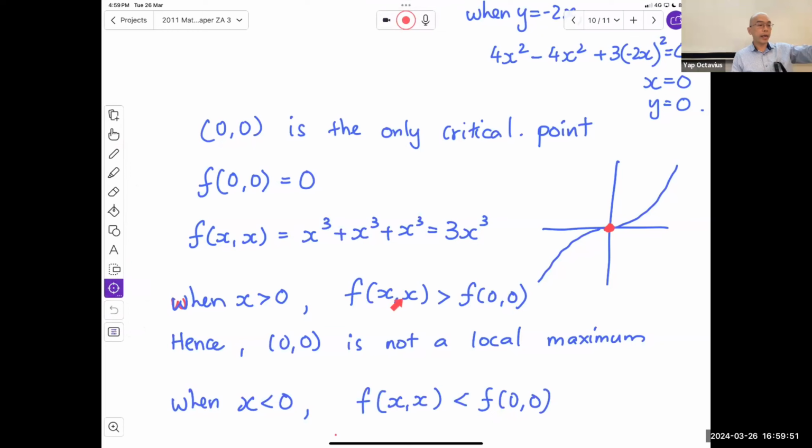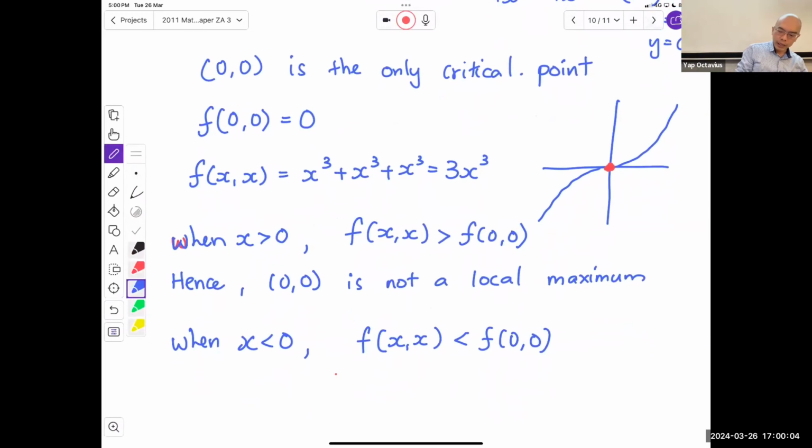We are looking at the area around the stationary point, places above and places below. So over here, we also can say that hence your 0, 0 is not a local minimum.